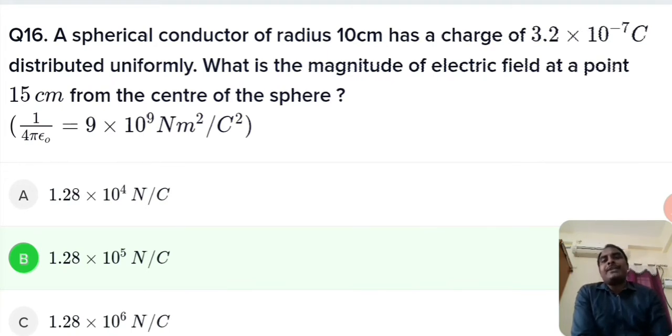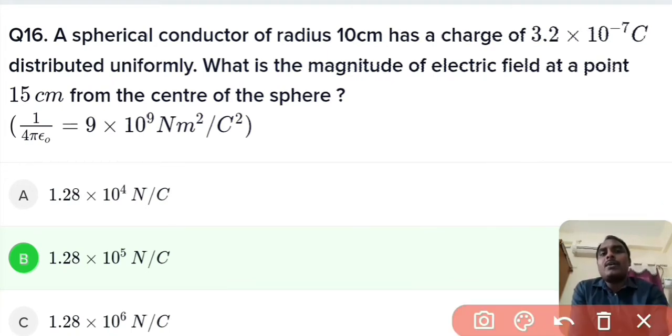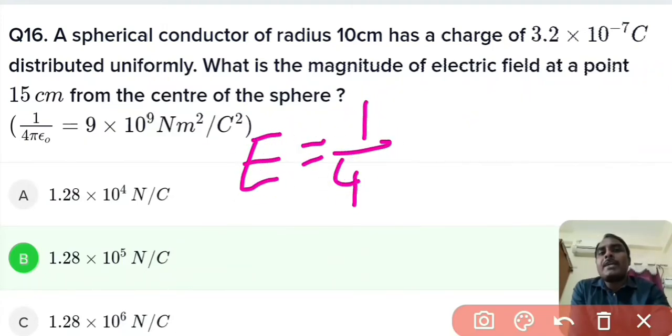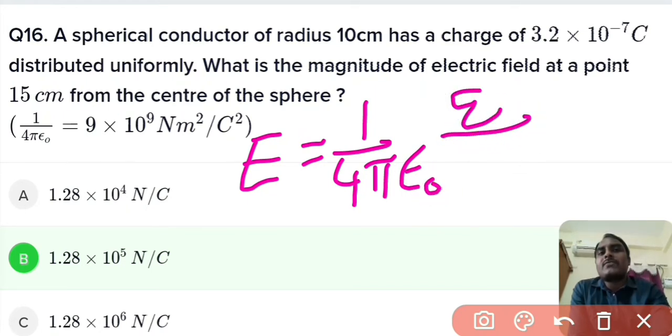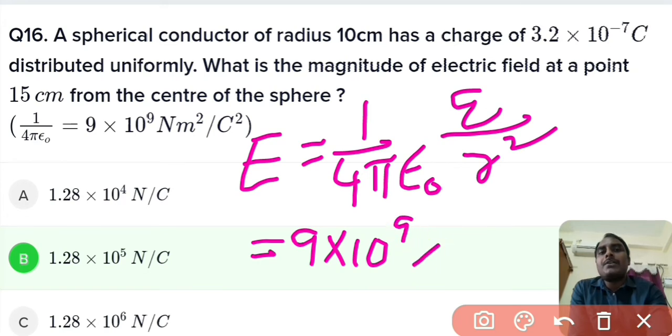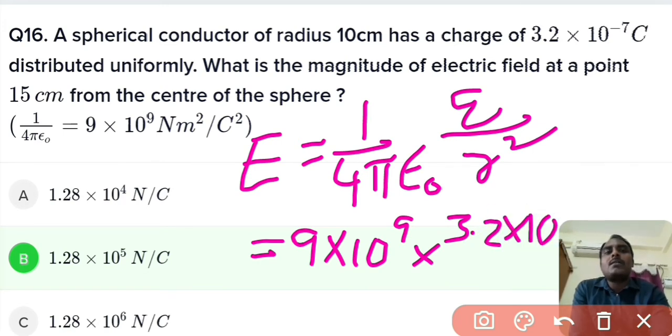For outside points, the electric field formula is the same as the point charge formula itself: E equal to 1 by 4 pi epsilon naught, Q upon r square. So E equal to 9 into 10 power 9, 1 by 4 pi epsilon naught value already given, into Q, given as 3.2 into 10 power minus 7, divided by r square.